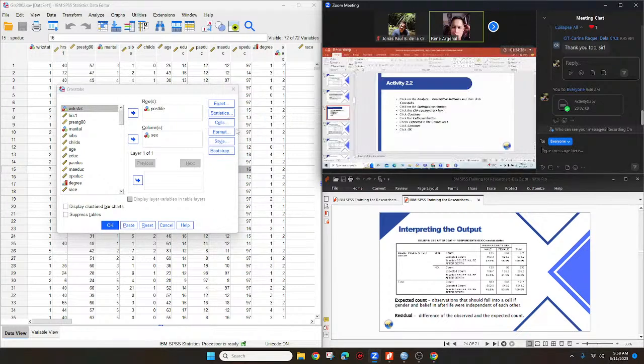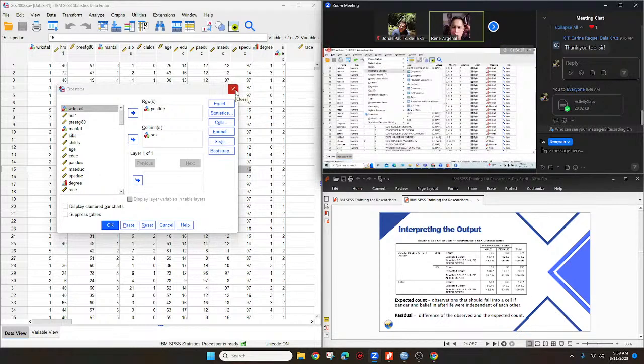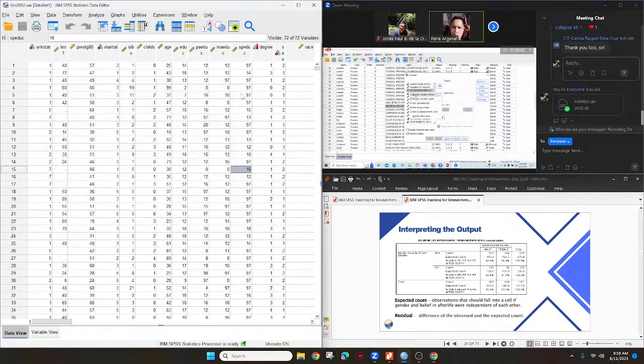So, analyze, descriptive, crosstabs. Your row is postlife. And then your column is the sex or the gender, sex. And then statistics, you choose chi-square, and then continue.